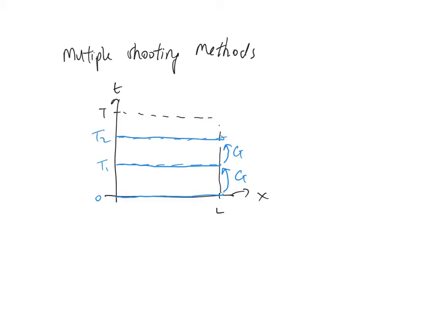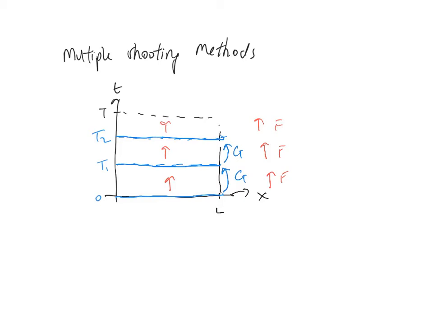And now that I have my 3 shooting parameters, in parallel, I take a fine solver to advance these shooting parameters at t0, t1, and t2.